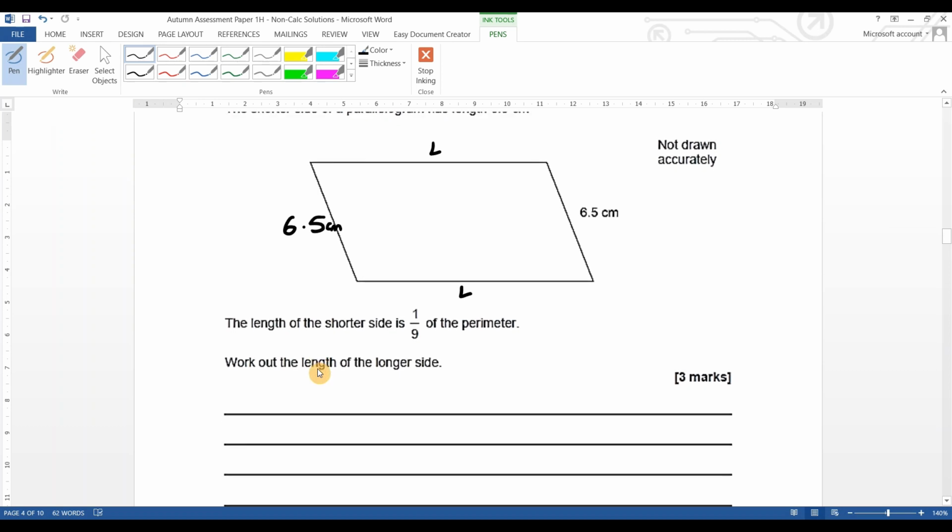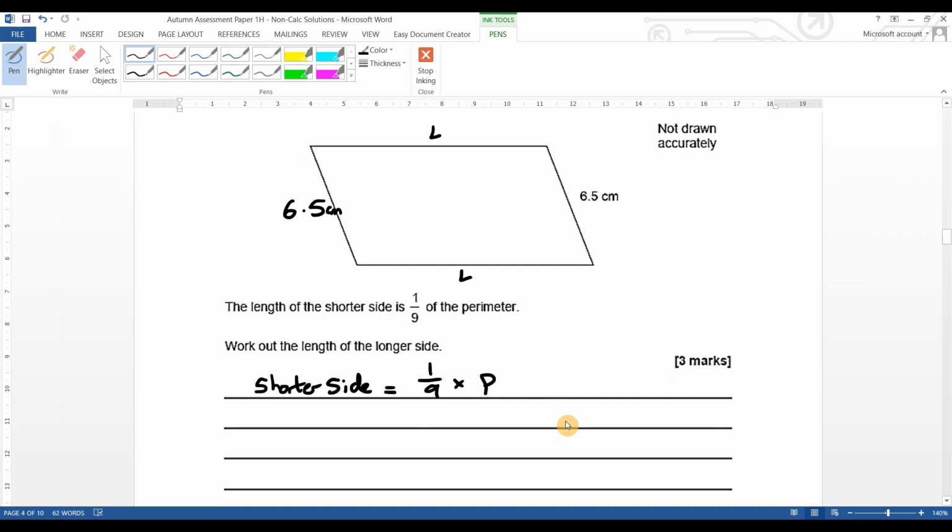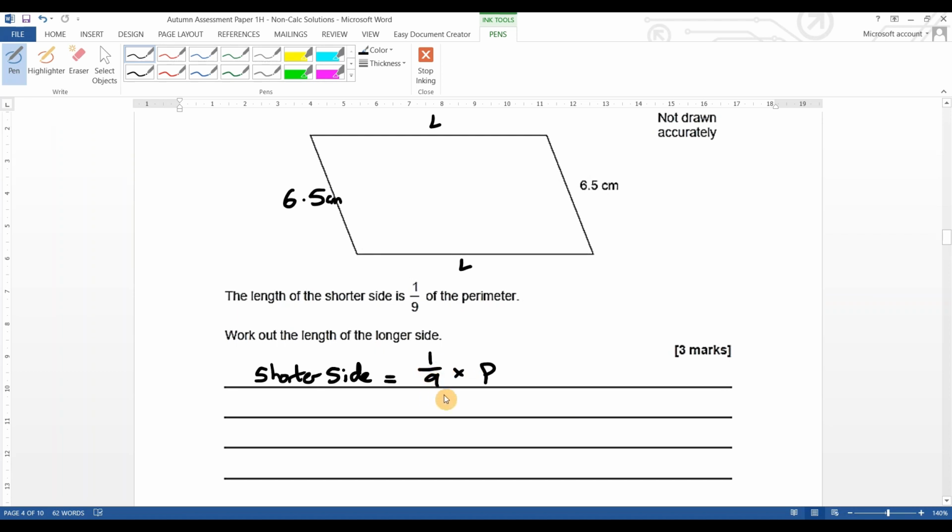So if the shorter side is 1/9 of the perimeter, let's write this down. Shorter side equals 1/9 of P, let's call P the perimeter. So if you get rid of the fraction, you're going to have to times by 9 to this side.